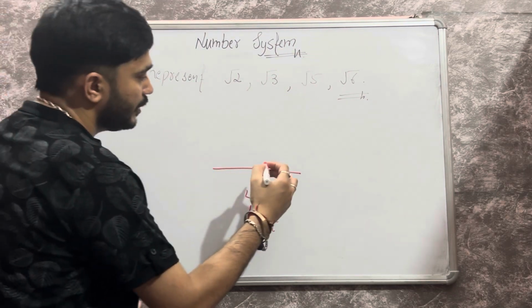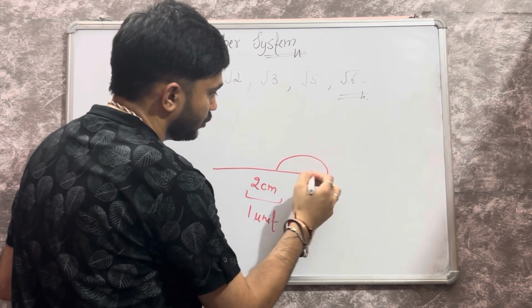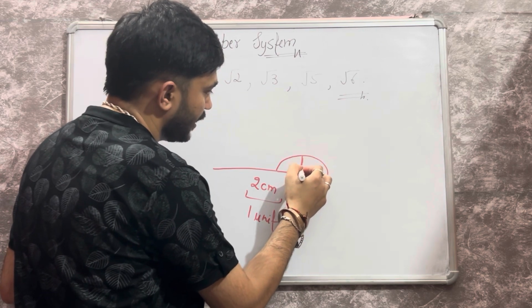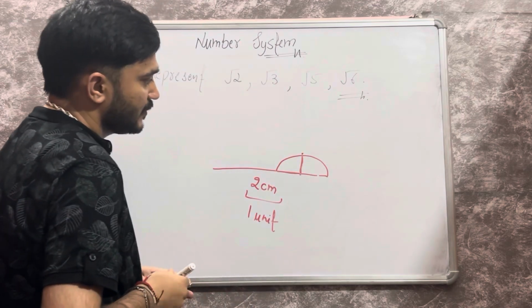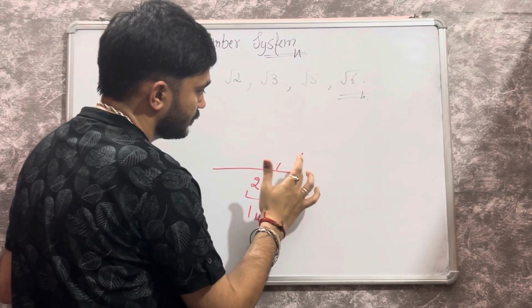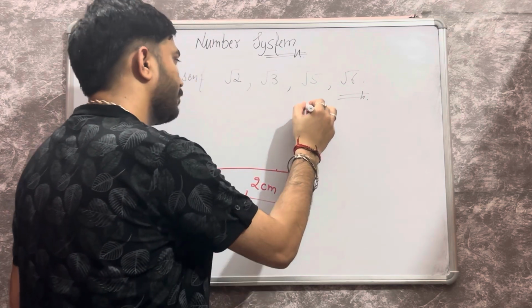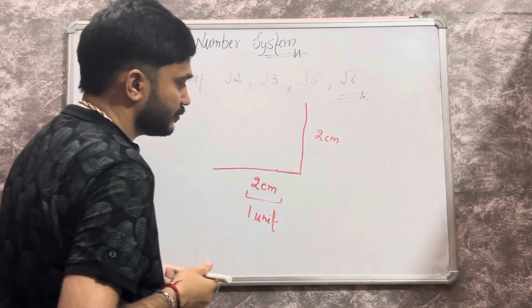Now take your set square and place it at this point. So the set square is going to be placed like this, and you will see a 90-degree angle here, and make a small point here. Then replace your set square and make a perpendicular line of 2 centimeter here as well.